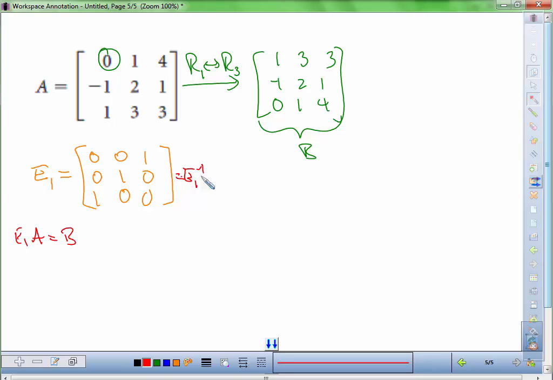Okay, good. So we can write this as E1A is equal to B, or we can write it as A is equal to E1B, right? Okay.